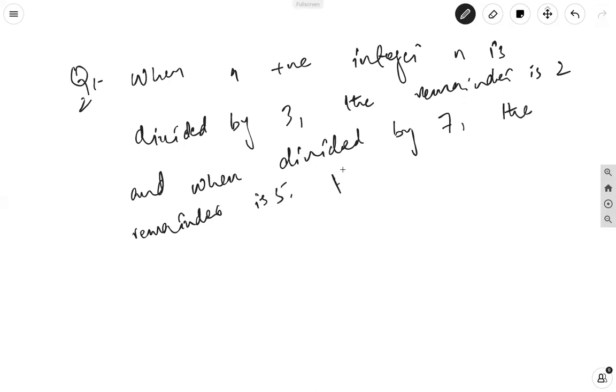The question is how many values of n are less than 100.